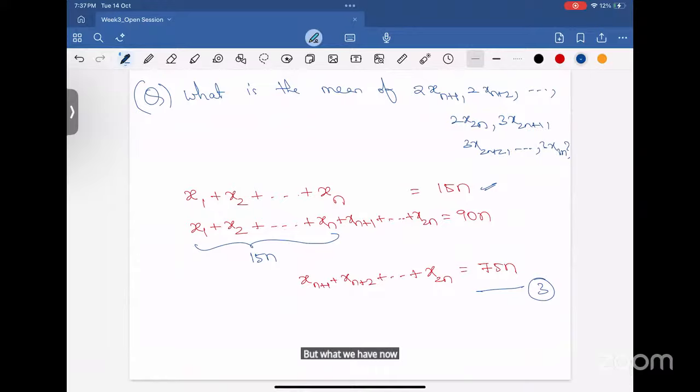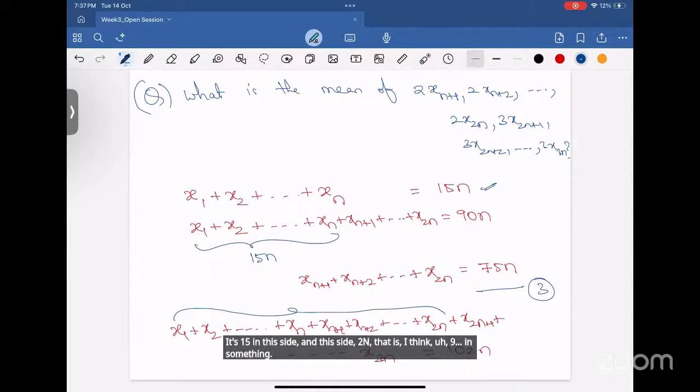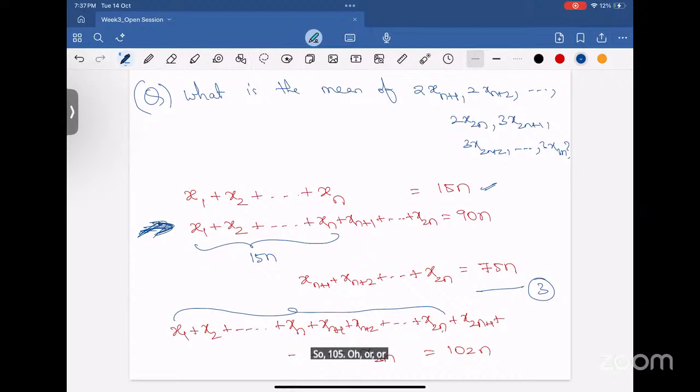What we have now is x1 plus x2 till xn, and also xn plus 1, xn plus 2, till x2n, then x2n plus 1 and so on till x3n, which is 102n. The whole sum x1 till x2n is 90n.